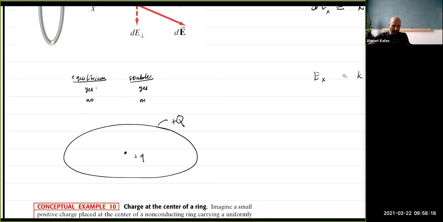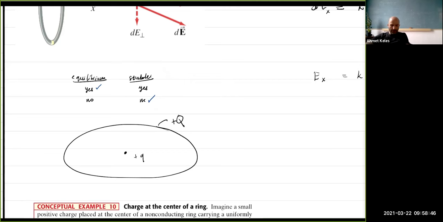It's in equilibrium. The second question is, is it a stable equilibrium or unstable equilibrium? Is it stable? No, right? Why? Let's put a no.